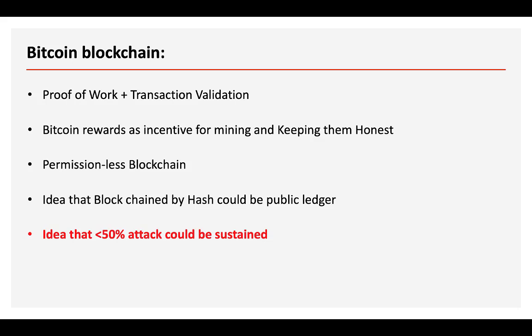So just to summarize, what is there in the Bitcoin blockchain is proof of work and transaction validation. This is how the blocks are created, and then once the block is distributed throughout the network, everybody has to repeat the transaction validation, and then they will put their copy of the block. Once they are satisfied with the transaction validation and the validation that the puzzle was solved by the creator of that block, they attach this block in their copy of the blockchain.